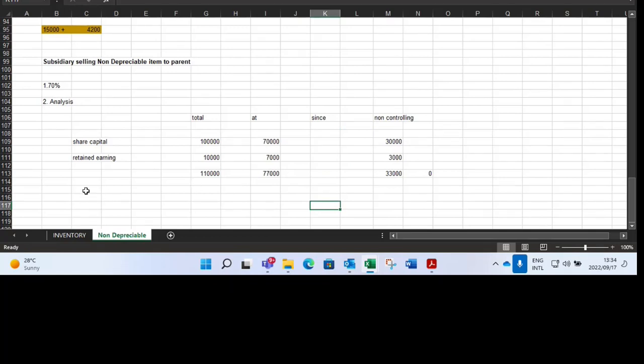Then consideration paid is how much? As per the investment amount from the statement of abridged financial position, they paid how much when they were investing? 77,000.